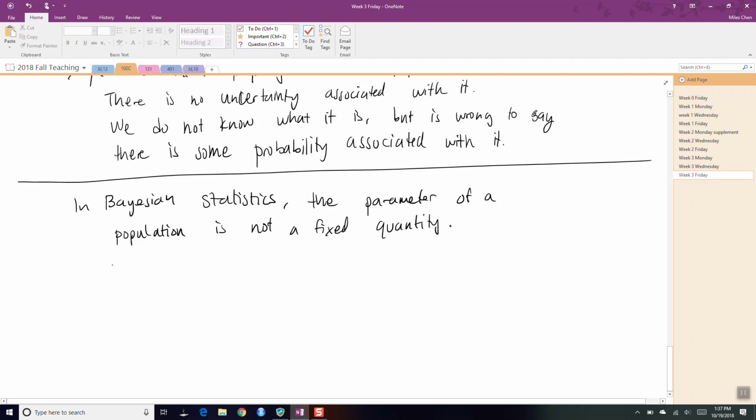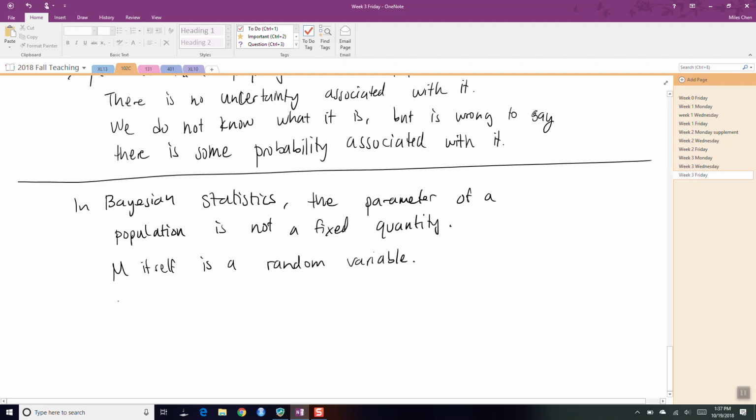Mu itself is a random variable, and so there will be a probability distribution associated with mu.